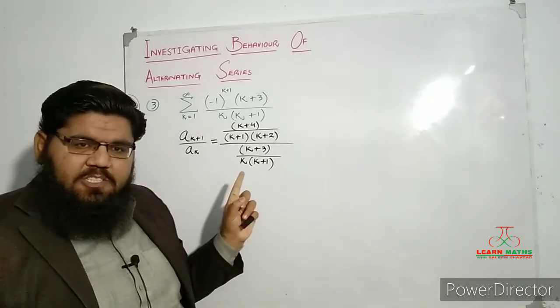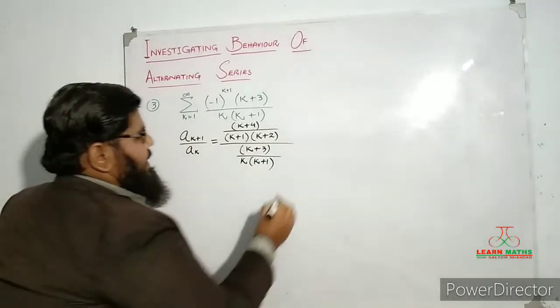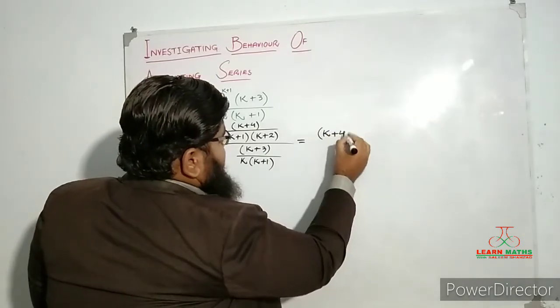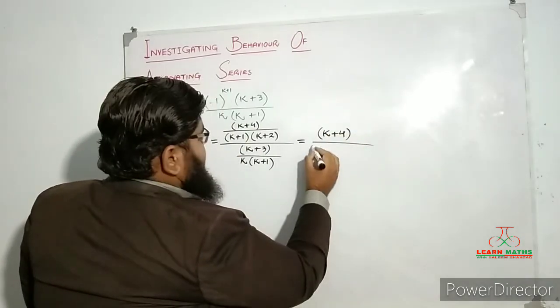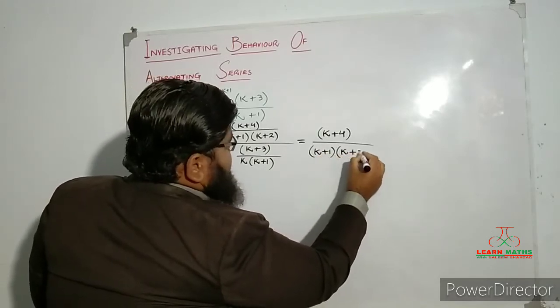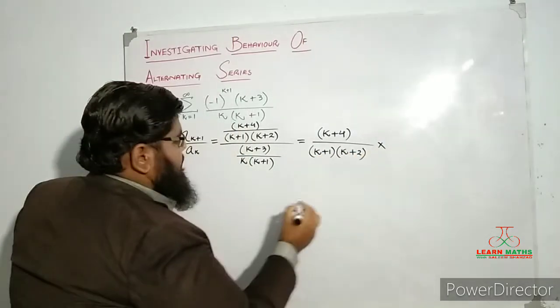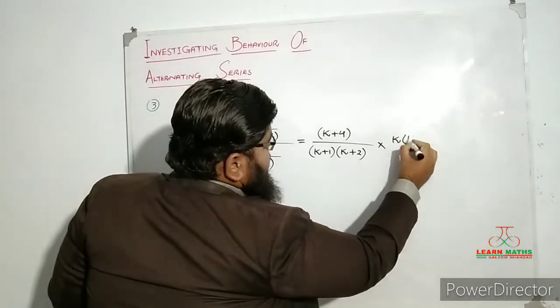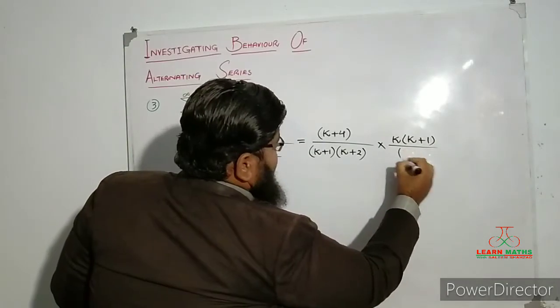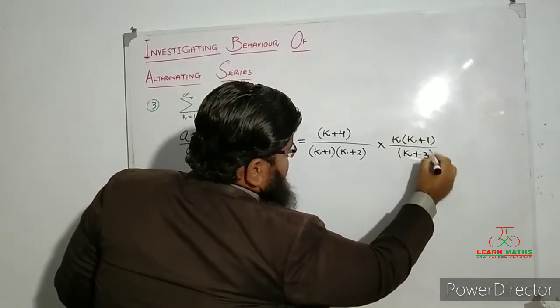And this complicated expression can be simplified and written as (k+4) over (k+1)(k+2), times k(k+1) over (k+3).